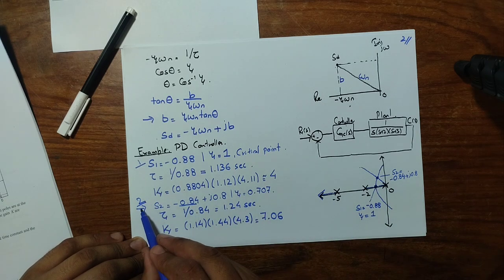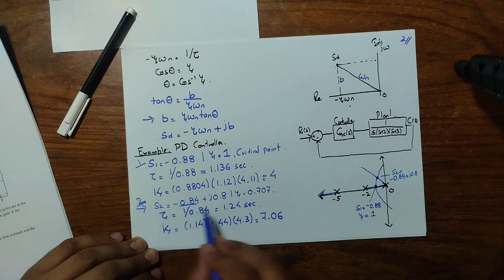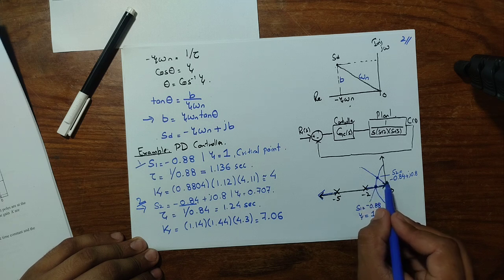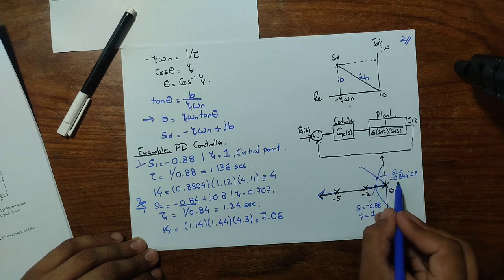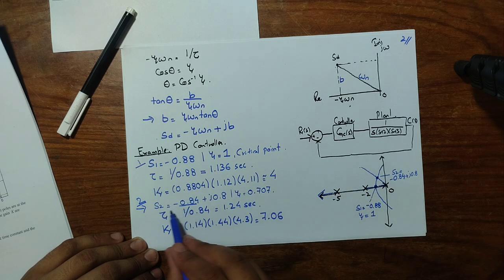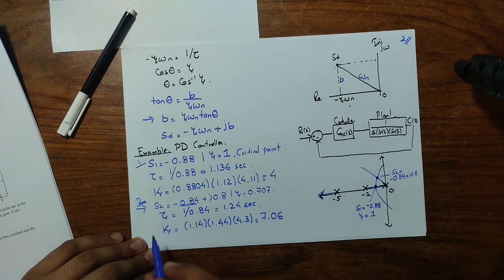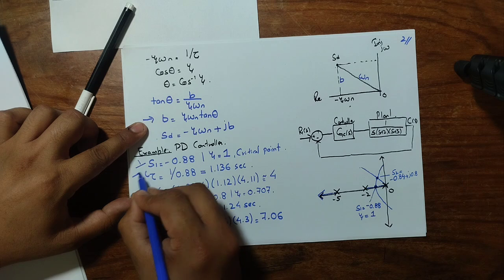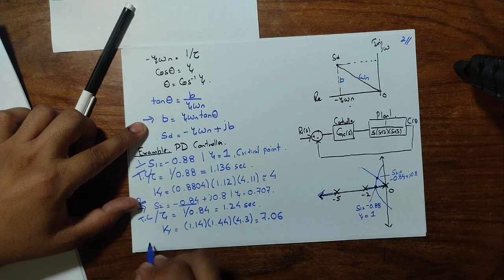Following a similar approach, the question asked us to find the location of the desired point S2 on the root locus, cutting the root locus at the 0.707 damping ratio line. We drew this line, and this point is 0.84 plus j0.8. This is our point when zeta is equal to 0.707. Again, following the same procedure, we found the time constant, and this is the gain.